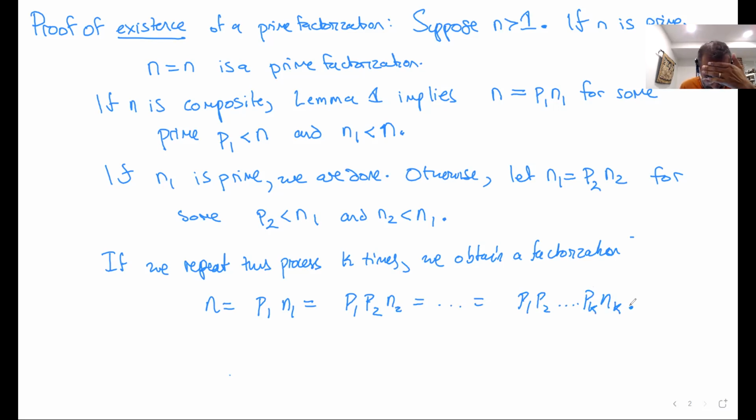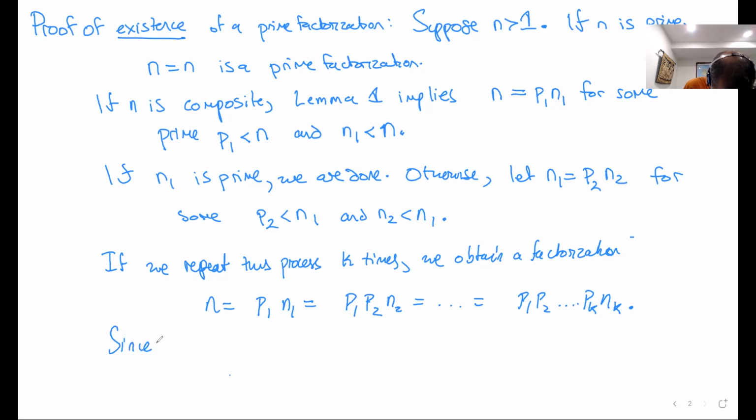But the key point is this process can't go on forever, right? So why can't this process go on forever? Because each n is finitely big. Yeah, because the numbers are strictly decreasing, right?